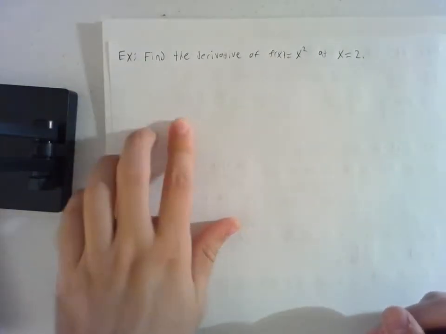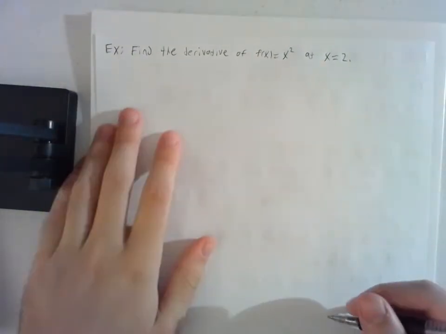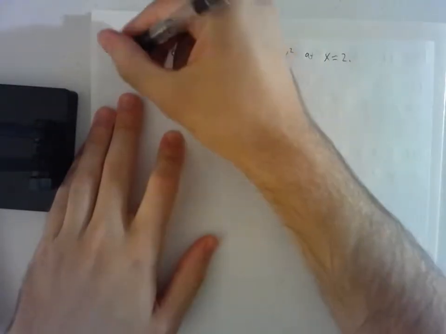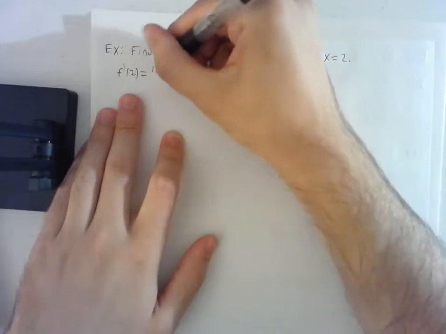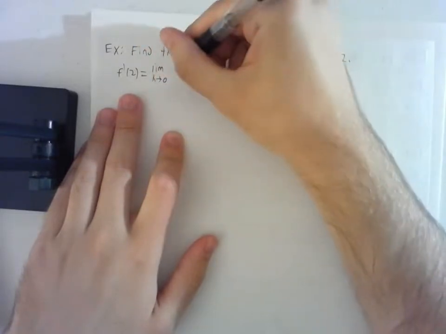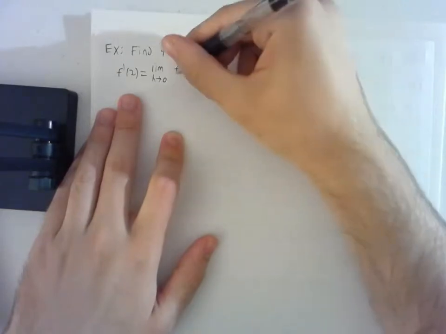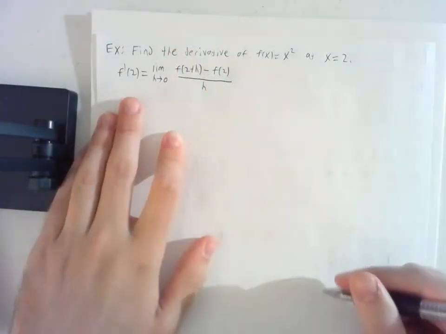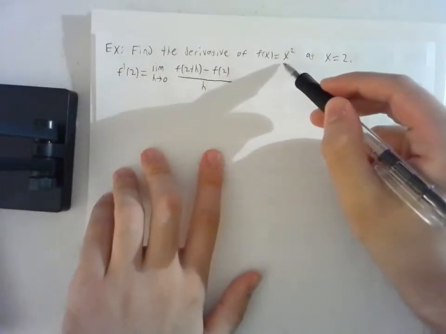So to do this, we use our definition of derivative at a point. So f prime of 2 will be equal to the limit as h approaches 0, f of 2 plus h minus f of 2 divided by h. So to calculate this limit, we plug in our 2 plus h and 2 to the formula for f of x.